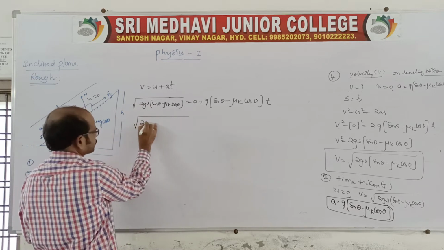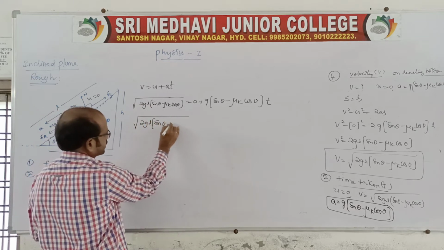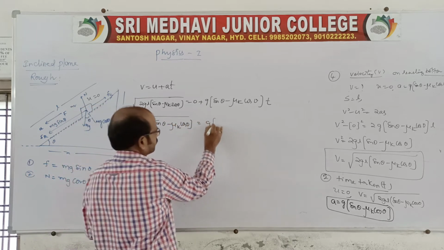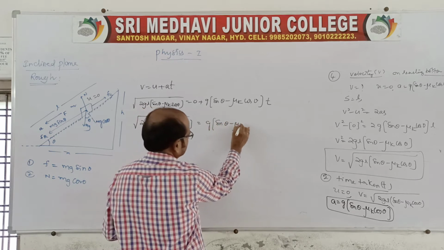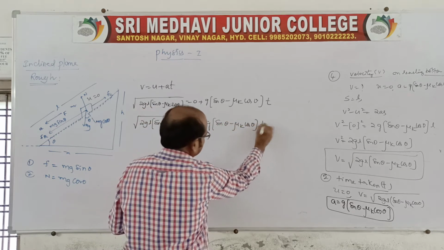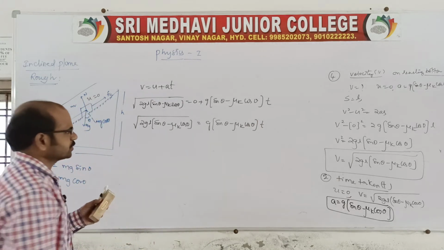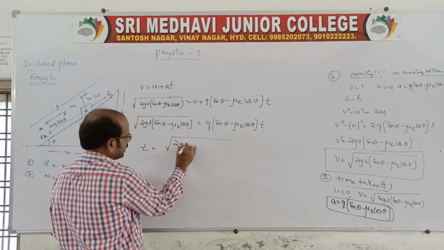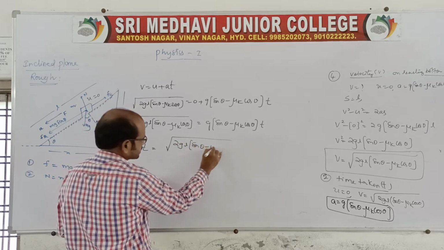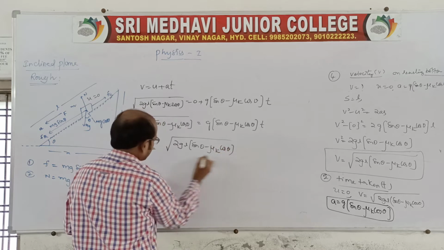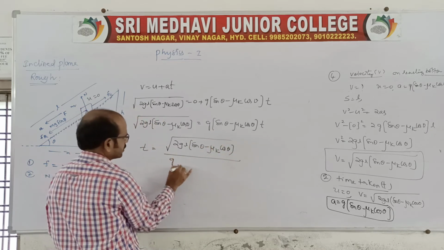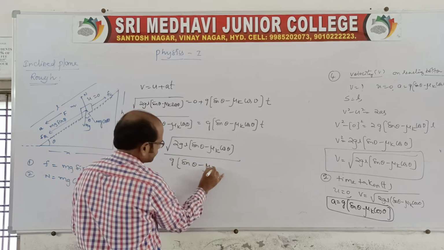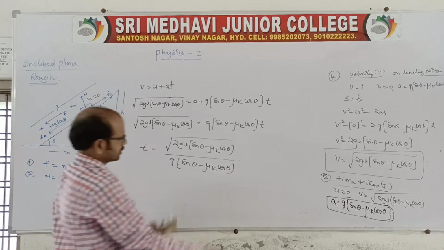For that you write like this: root over 2gl within the bracket sin theta minus mu k cos theta is equal to g of sin theta minus mu k cos theta into t. Now t we should get. Then you take t which is equal to root over 2gl of sin theta minus mu k cos theta by g of sin theta minus mu k cos theta.